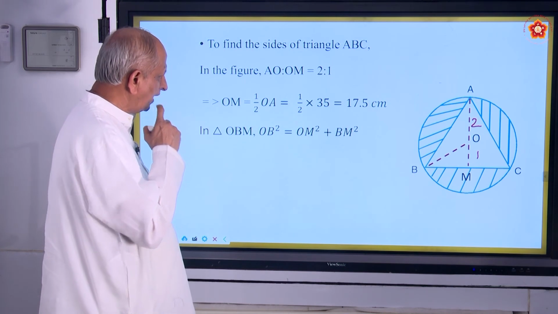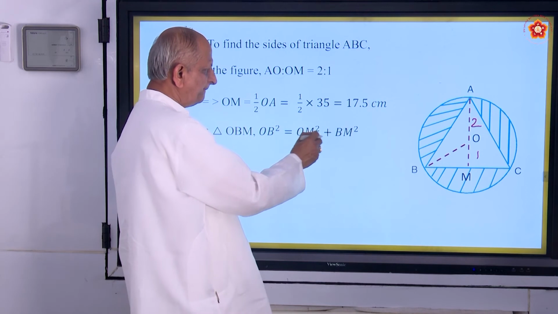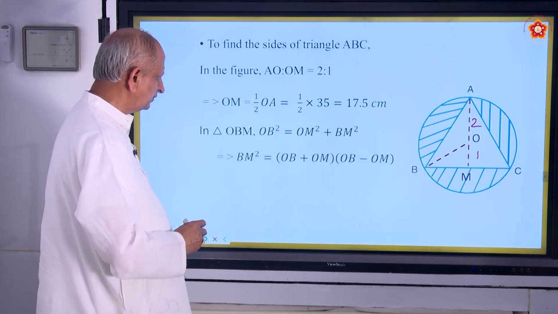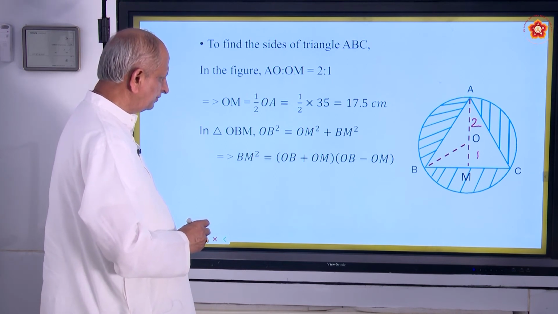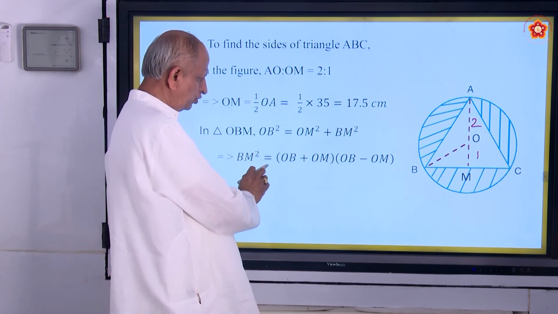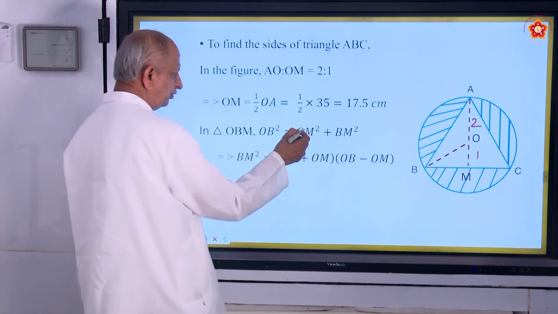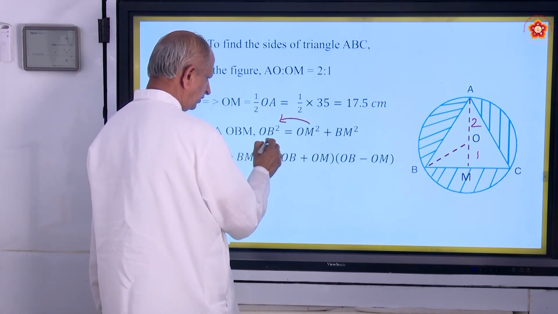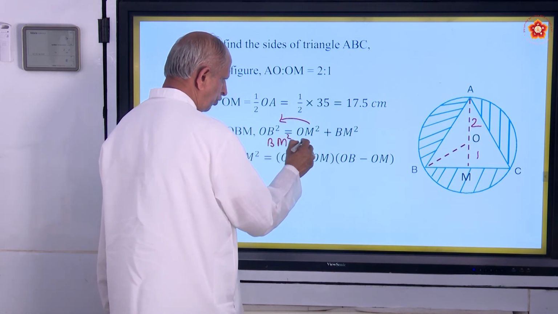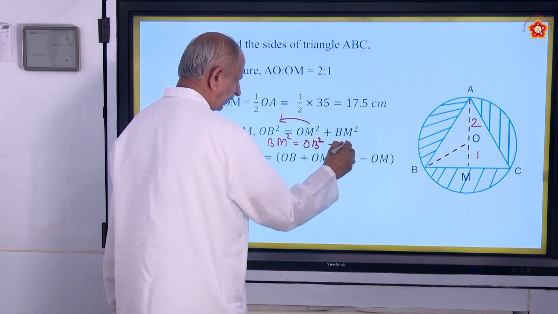In triangle OBM, OB square is equal to OM square plus MB square. BM you have to find out. So BM square is equal to OB square minus OM square.